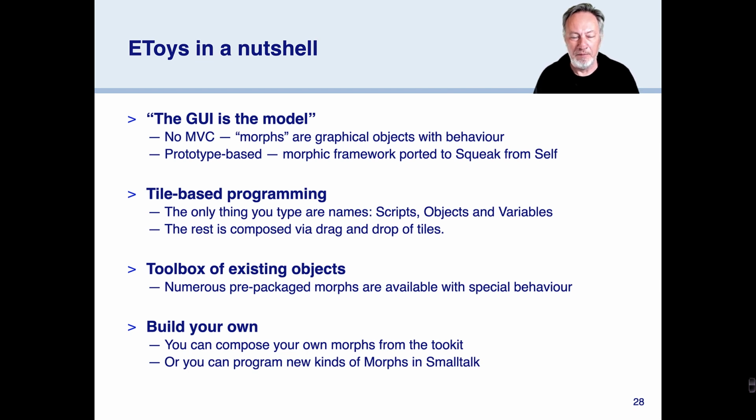In a nutshell, eToys can be considered in the following way. First of all, the graphical user interface is the model. So there's no MVC. We just have so-called morphs, which are graphical objects that can be scripted. So this sort of flies in the face of the known best practice where you try and separate the user interface from the model so that you can flexibly glue them together.